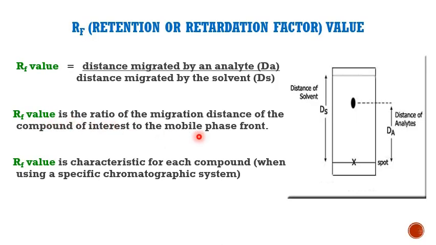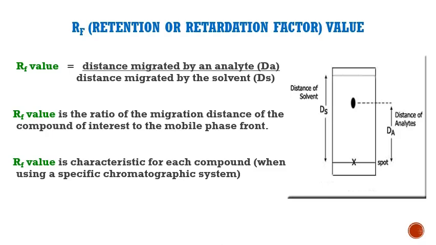RF value is the ratio of the migration distance of the compound of interest to the mobile phase front. The retardation factor is characteristic for each compound. Each compound will have a specific RF value when it is used in a specific chromatographic system, which means the mobile phase is the same.